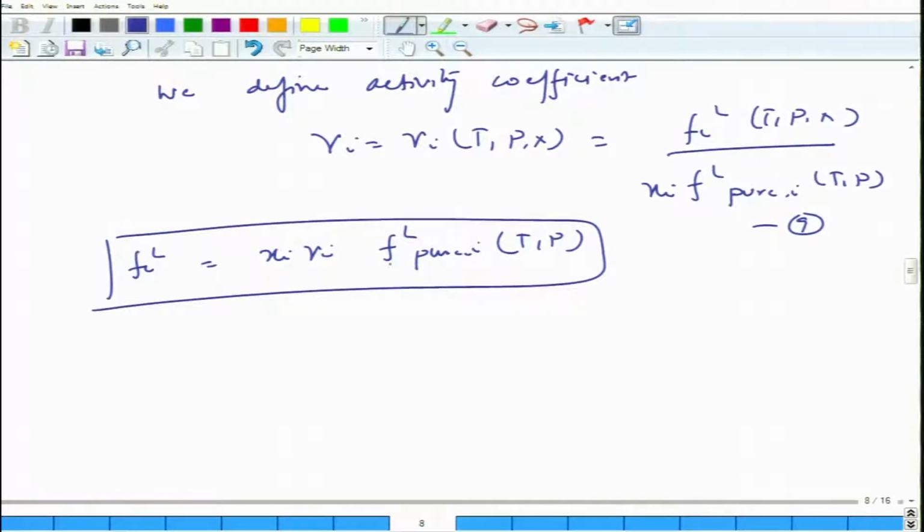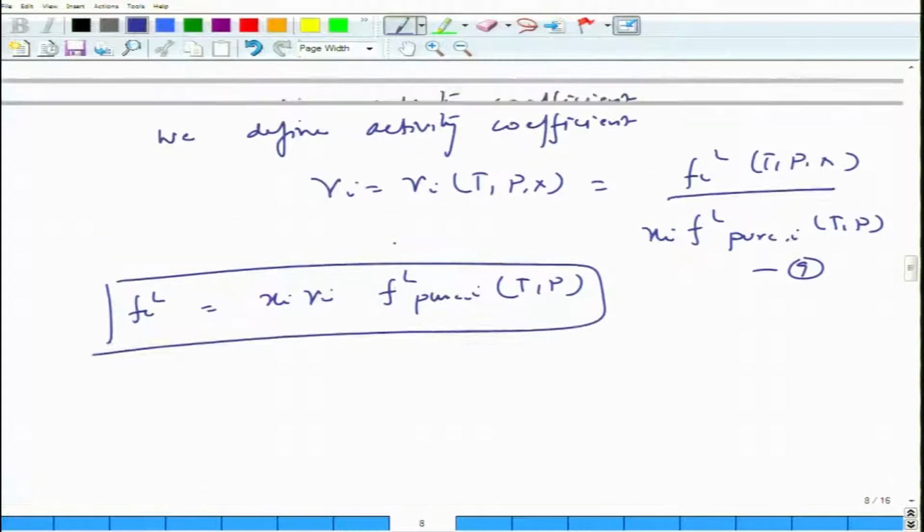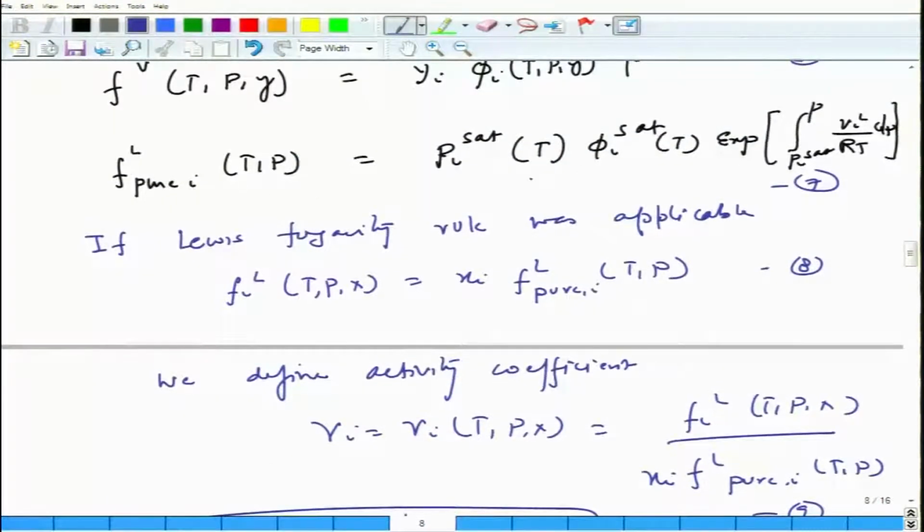And now I can plug in the expression of the pure liquid fugacity at a given temperature and pressure away from the P sat.